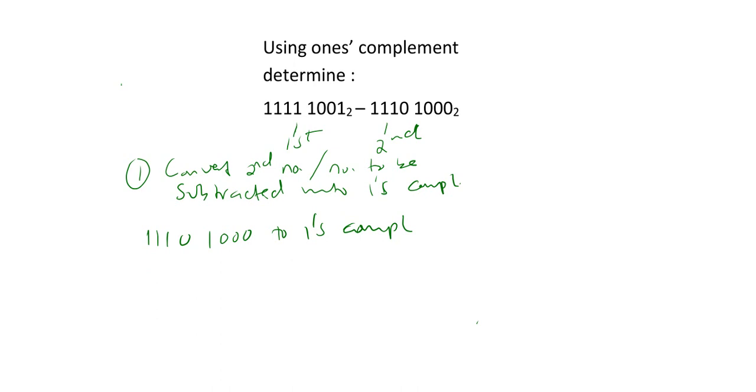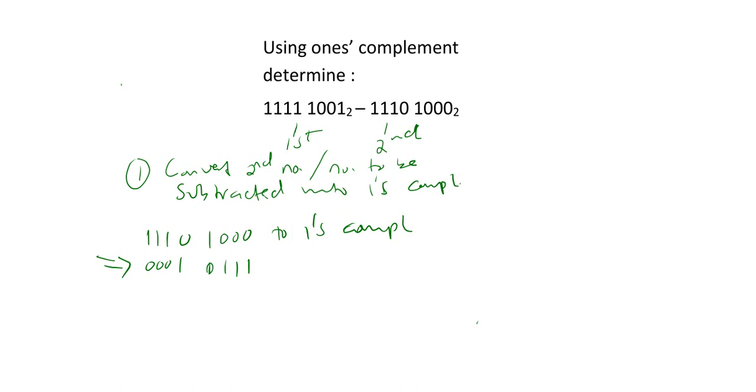That is, where there is 1, we put a 0, and where there is a 0, we put a 1. So in this case, we shall have the one's complement of this number as 0001 0111. So this is the second number, which is the number being subtracted, in one's complement.